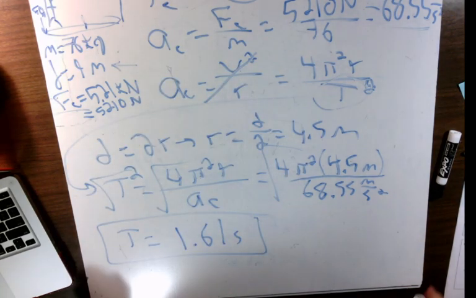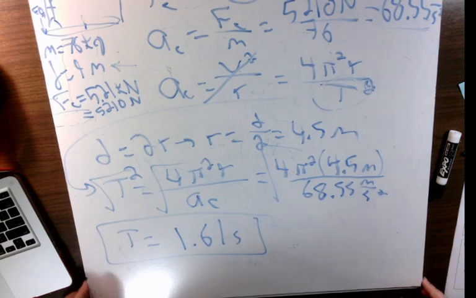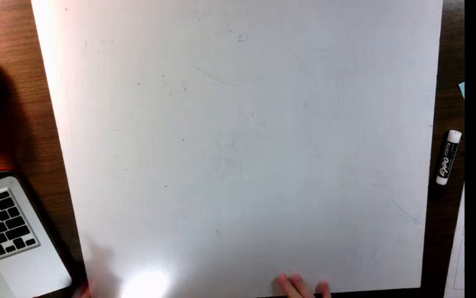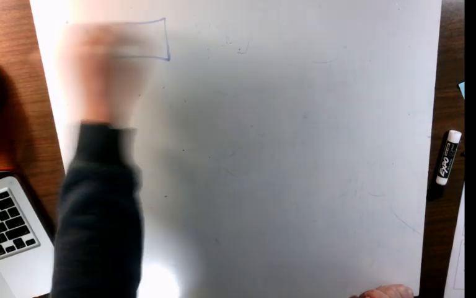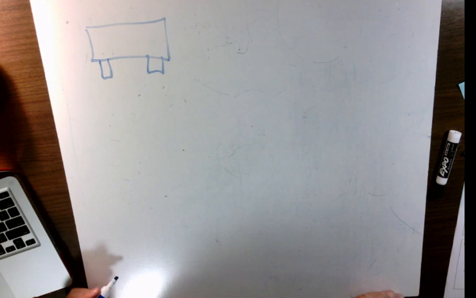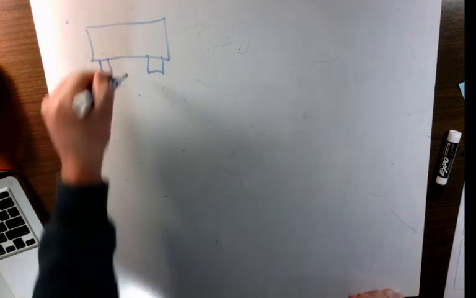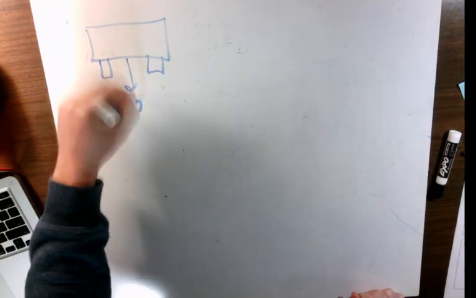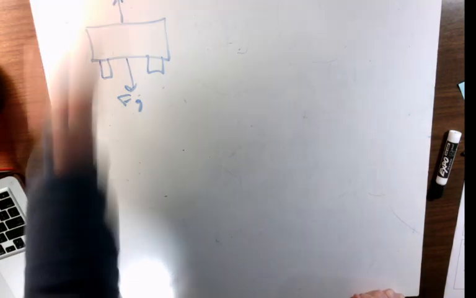All right, next example, we're working with a car rounding a corner. So again, this is an example of a horizontal circle. A car is turning, right? Maybe drifting, who knows. But let's look at our free body diagram of this car in the horizontal direction. So we know there's a force of gravity and there's a normal force.